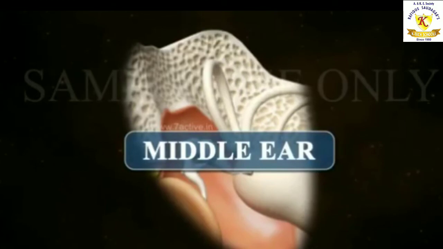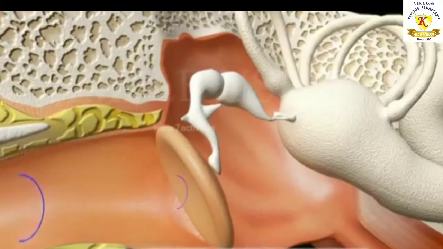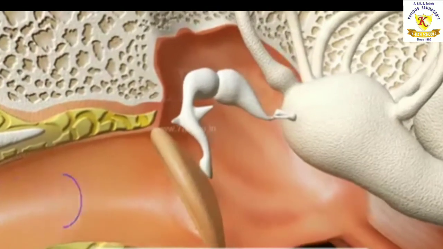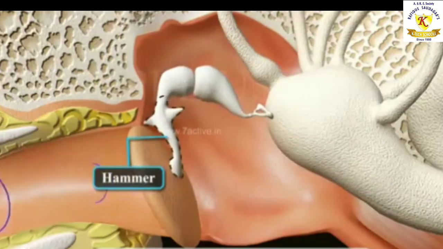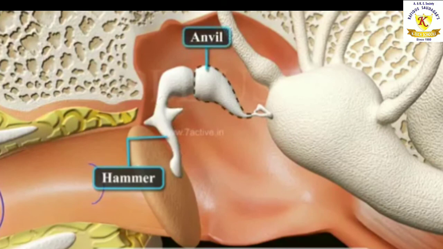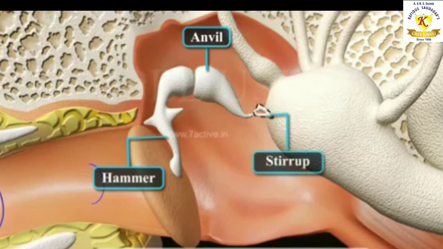Middle ear. The middle ear consists of three bones: hammer, anvil, and stirrup.